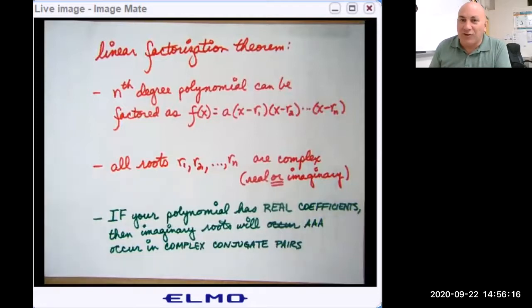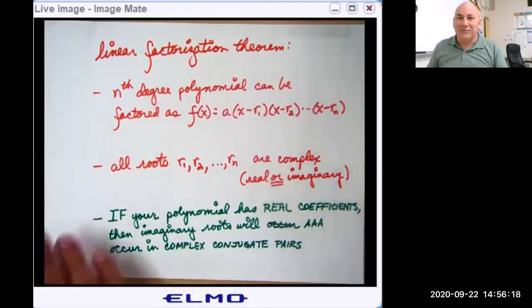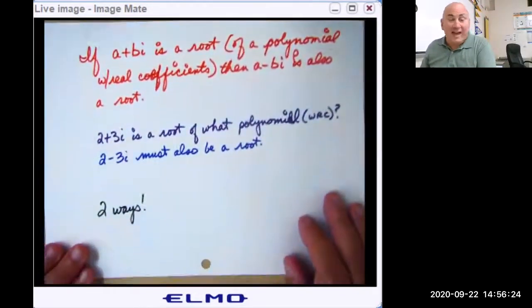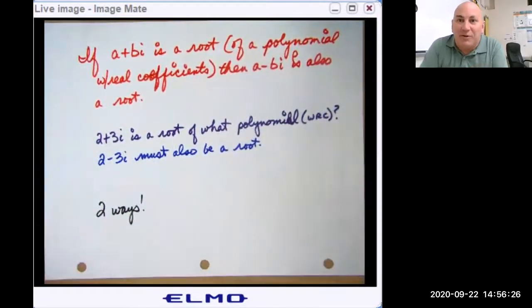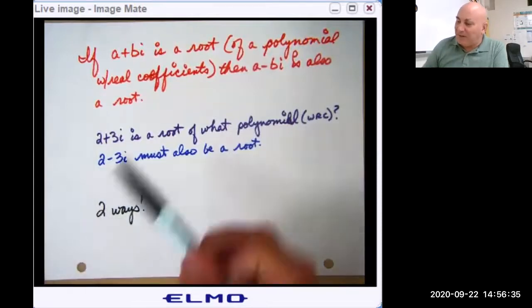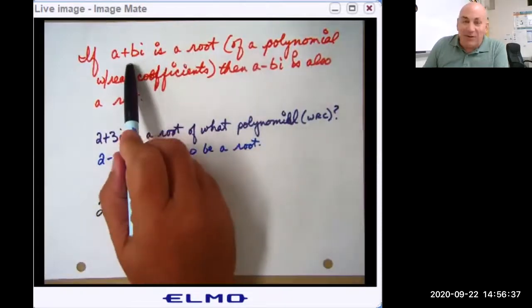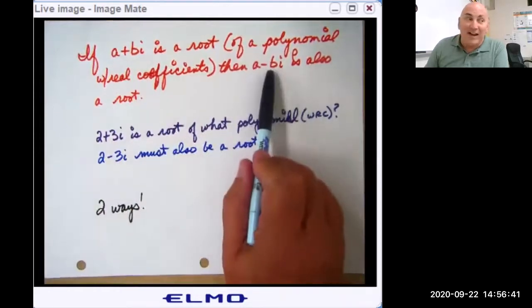And of course, I'll show you more of that in detail in a few minutes. That means that if a plus bi is a root, then a minus bi must also be a root.